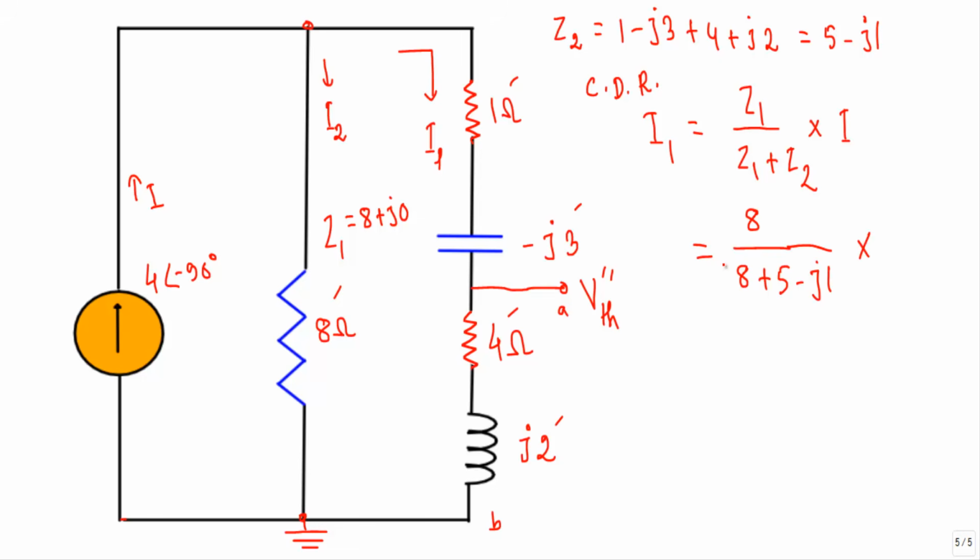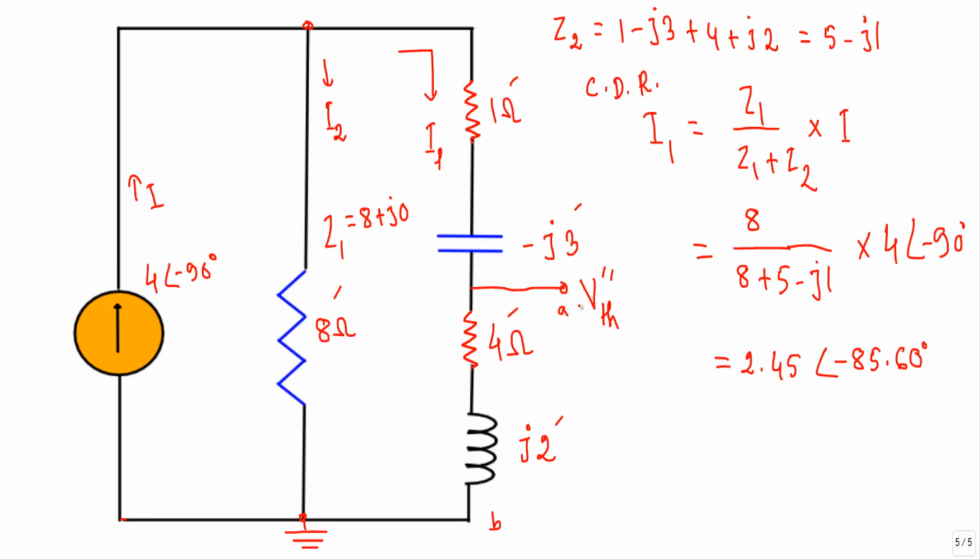I will multiply this with the total current, 4 with phase angle minus 90 degree. This will be equal to 2.45 with phase angle minus 85.60 degree. Okay, this is our I1.